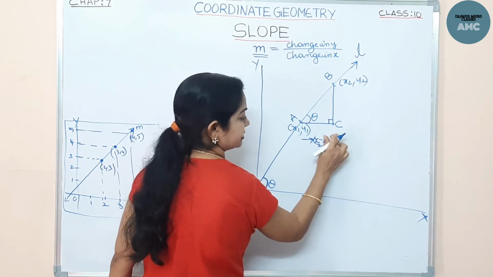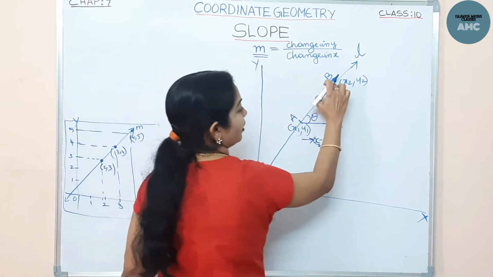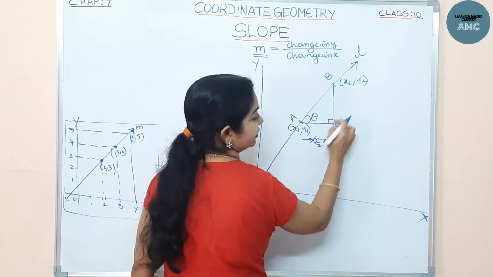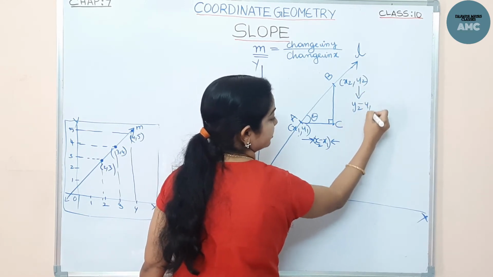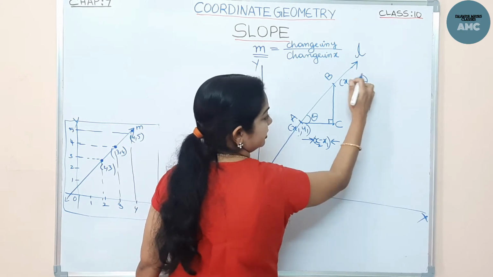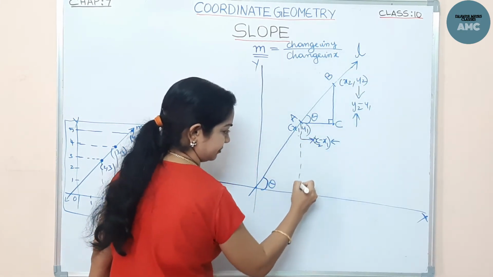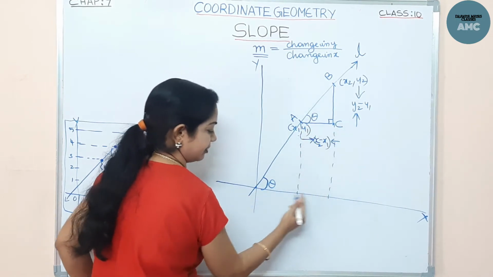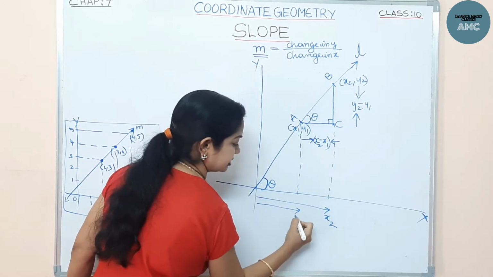This distance is x2 minus x1. Now the point here means the y coordinate y2, and here this point is y1, so the distance here is y2 minus y1. Like if you drop this, this distance is from x2 till x1.